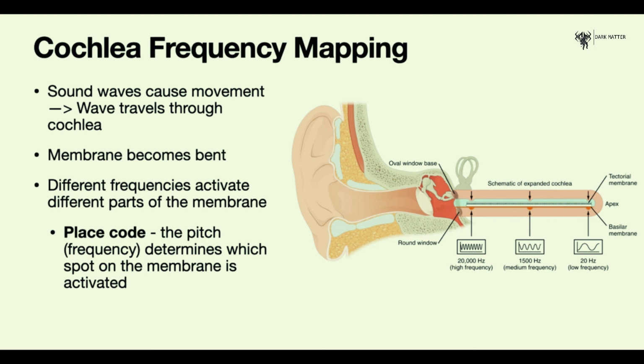The base of the cochlea is more responsive to high frequency sounds, while the apex is more responsive to low frequency sounds. This is referred to as place code because the cochlea basically has a spatial code for frequency, since the specific spot that is activated will tell the central nervous system about the approximate corresponding frequency of the sound.